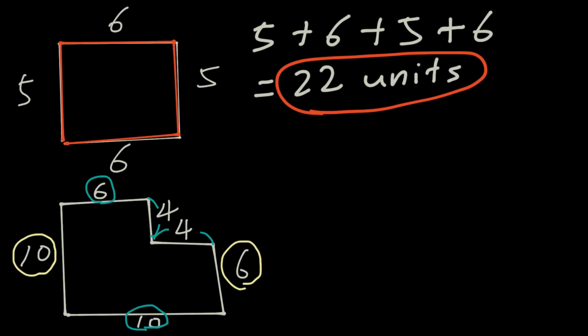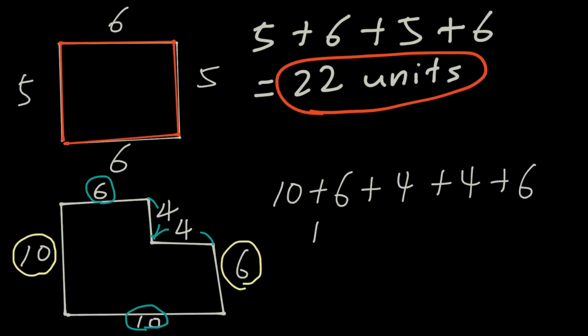So what we can do then is add them up. We would take 10 plus 6 plus 4 plus 4 plus 6 plus 10, and that will equal 40 units.